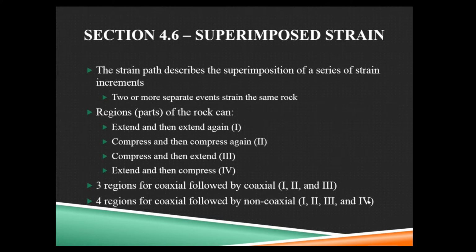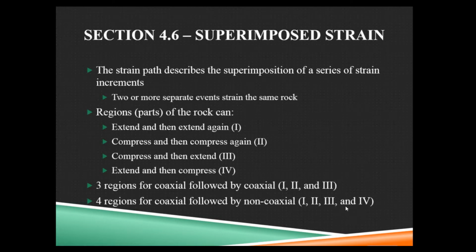Now, superimposed strain. This is getting into the real world stuff where you have a rock that gets deformed, and then that already deformed rock gets deformed, and then that already twice deformed rock gets deformed. It's superimposing the strain on the already existing strain.